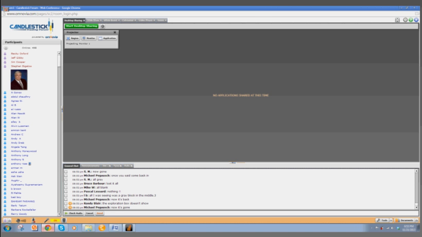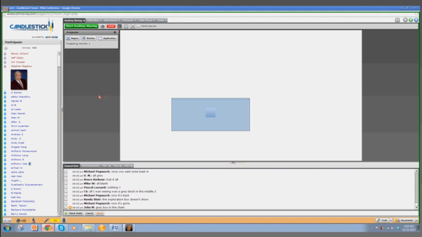Instead of projecting the application, I'm going to do the whole monitor. Now you should be able to see the scanner.